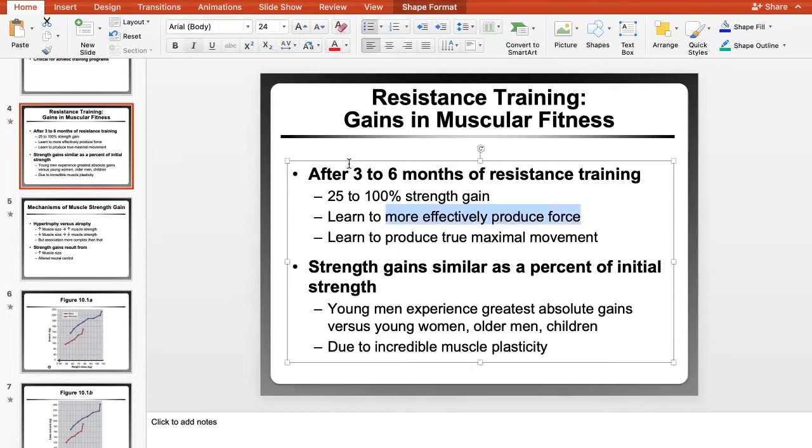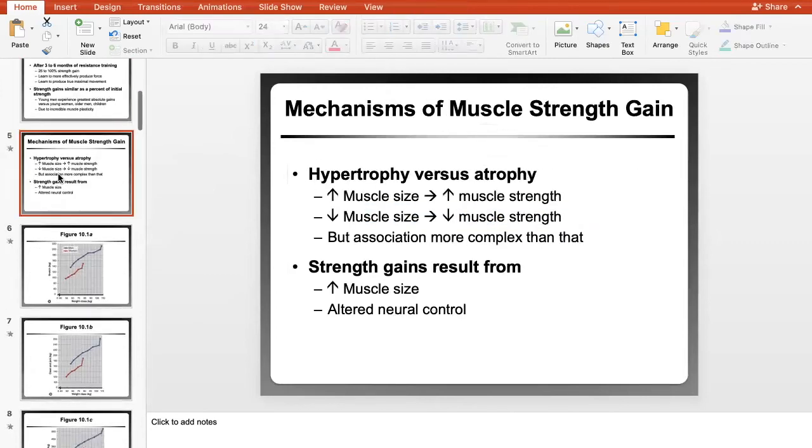So in this first 3 to 6 months, a lot of this gain is due to technique improvement, not necessarily the change of the neuromuscular system. Also, there are going to be changes in males that are potentially greater than gains in females, only because of body size.